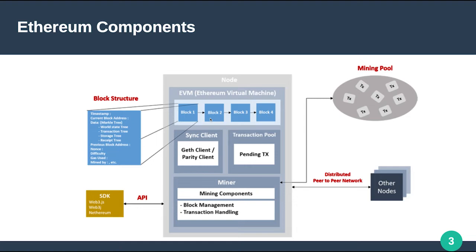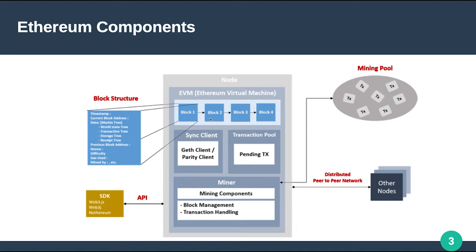The question might be, what are the key components of the Ethereum blockchain? The key components constitute clients, transaction pool, miners, mining pool, and the Ethereum virtual machine. The first Ethereum block is called the Genesis block, which means the first block in the blockchain. Regarding a node or client, a node is a device or a piece of code that communicates with the Ethereum network.